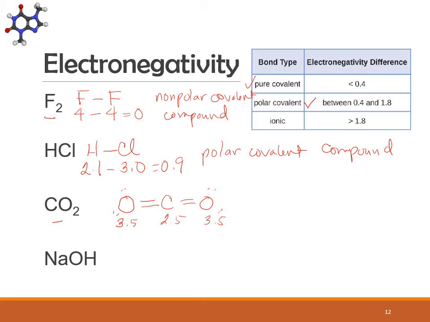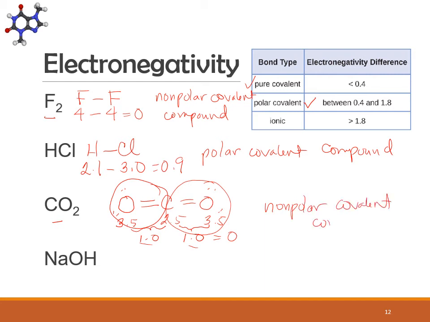If we get the difference in values between this side and this side, we have 1. This would make this side of CO2 polar and this side also polar. But because their values are the same, they cancel each other out. This makes CO2 a non-polar covalent compound.